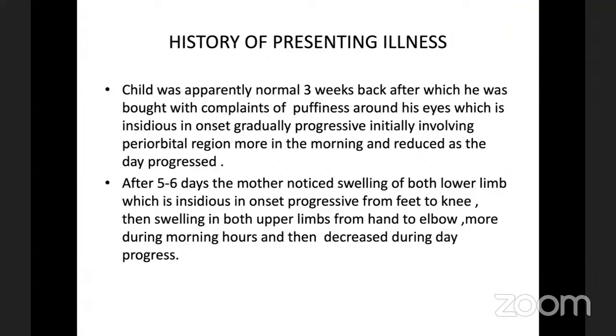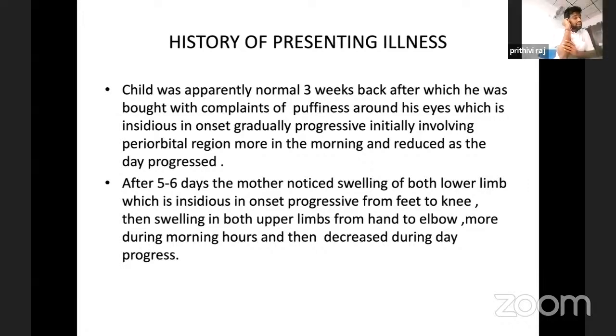Okay. So any other differentials for generalized edema or anasarca? Sir is asking, apart from hepatic, cardiac, and renal causes, what other differentials would you like to tell for anasarca?